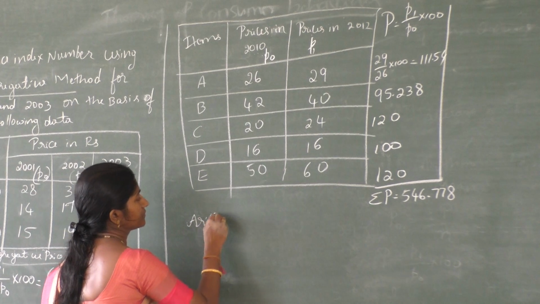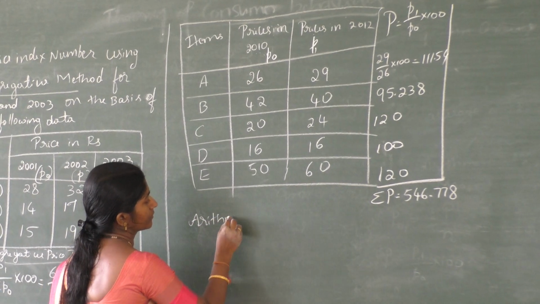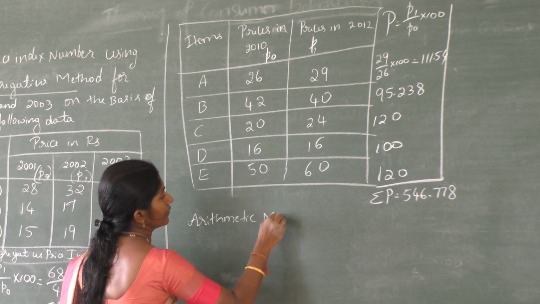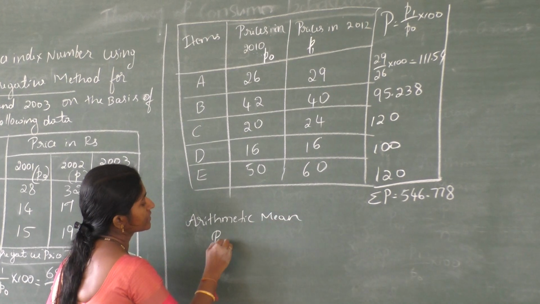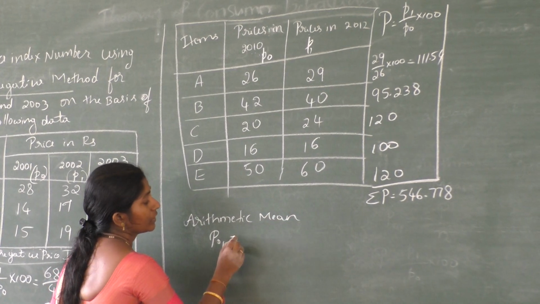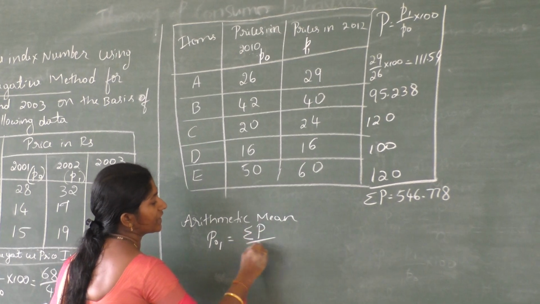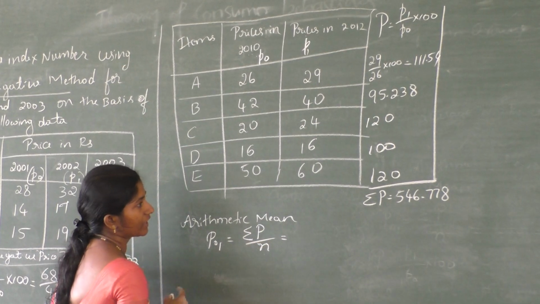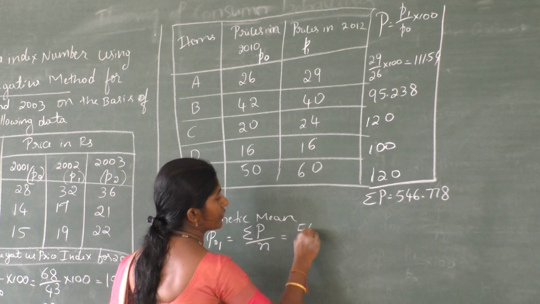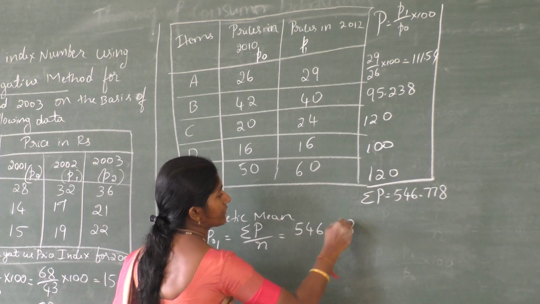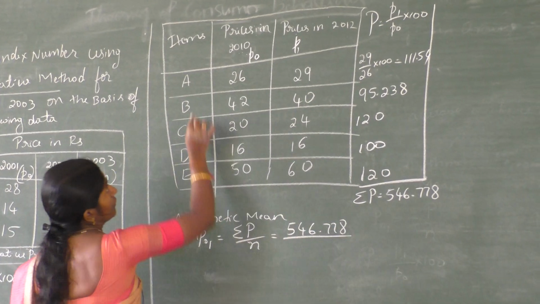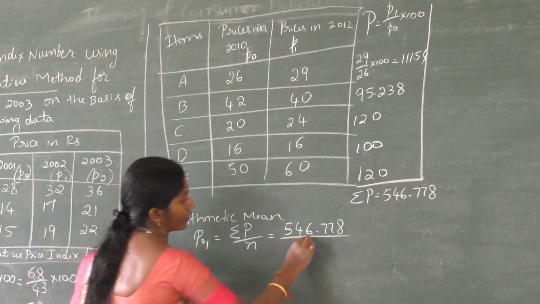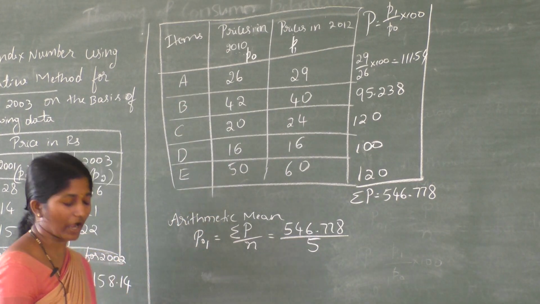Arithmetic mean, P01, equals total value of P divided by N, where N is the number of items. Total value of P is 546.778 divided by N, which is 5, the number of items.